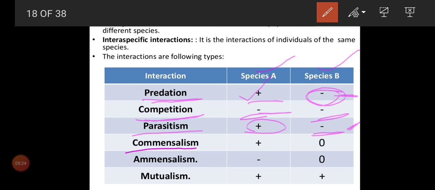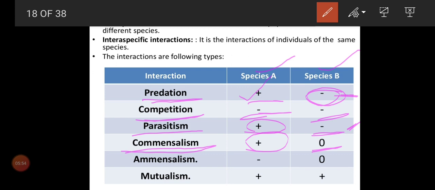Next one, commensalism. In commensalism also, only one organism will get benefited and the other is not benefited, or it is not harmed. Sometimes it will be harmed, sometimes there is no effect on the other organism, so we don't want to bother about that.